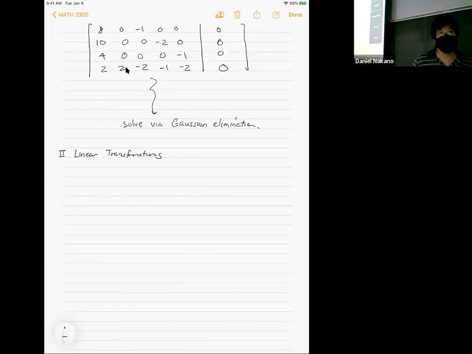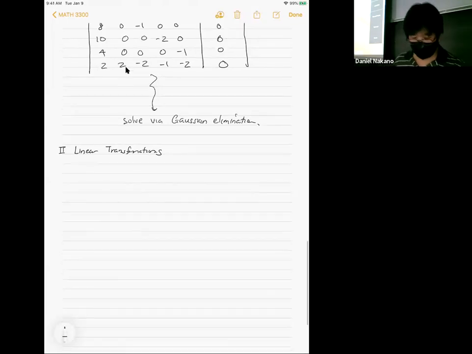All right, so this is one of the definitions that you're going to be accountable for. So let me make sure that we first define a linear transformation. Definition.